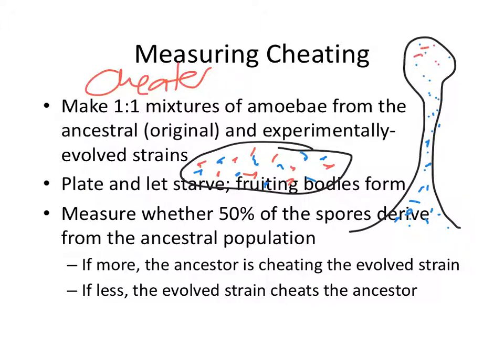You'd expect most of the cheater cells to be the ones that have gained a mutation that will help them preferentially pass on into the next generation. The expectation would be there'd be an even mixture of blue and red cells throughout the whole fruiting body and stalk in the absence of cheating. So we'll see what they find in a month or so.